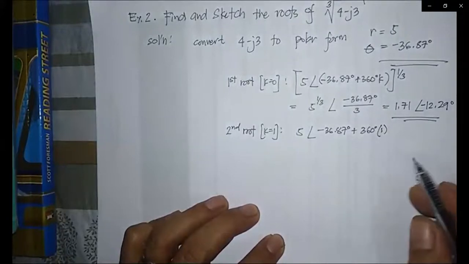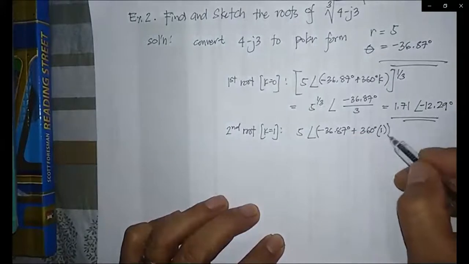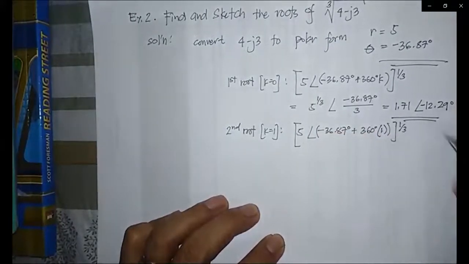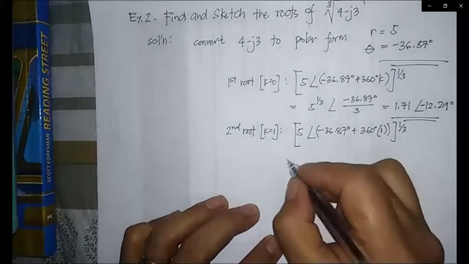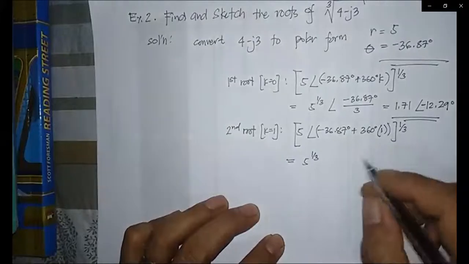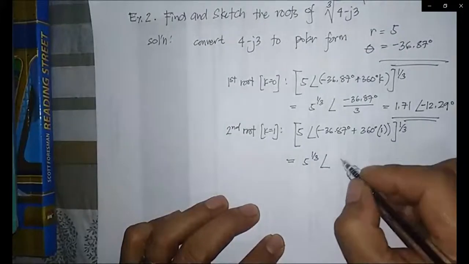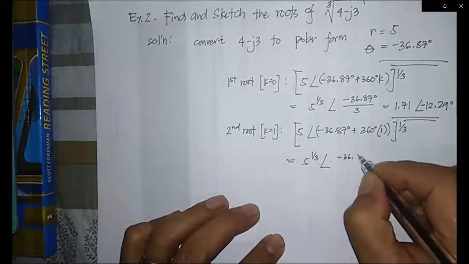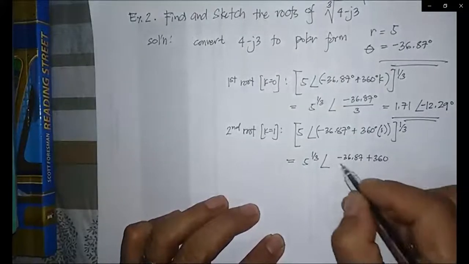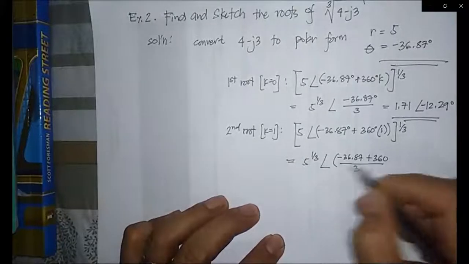We will raise that to the power of 1/3. If you distribute the power, that will become 5 raised to 1/3, and the angle inside will be divided by 3: negative 36.87 plus 360 degrees, divided by 3.